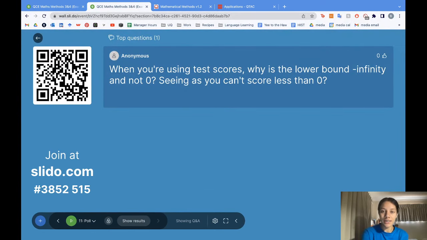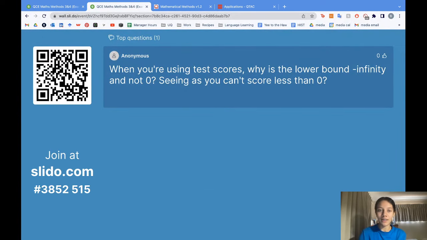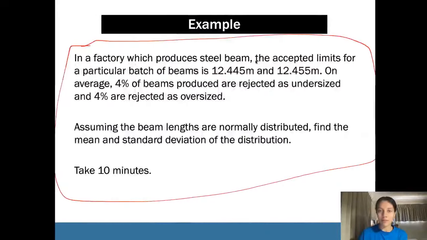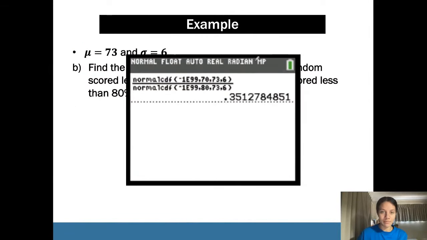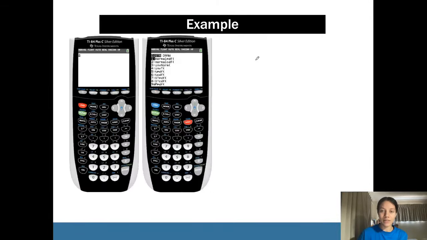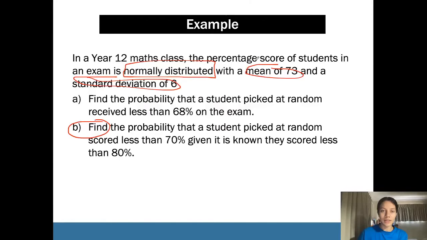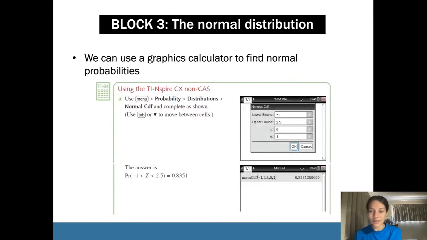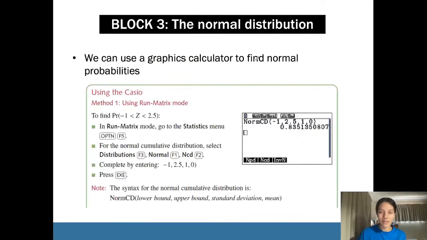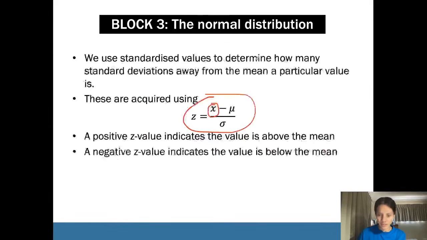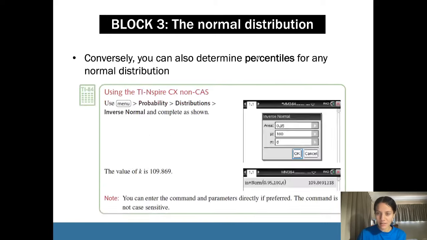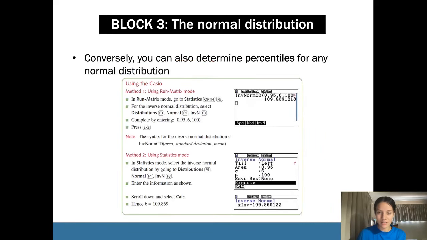So when you're using test scores, why is the lower bound negative infinity and not 0, seeing as you can't score less than 0? So for the test scores, I'm guessing you mean test scores. Sorry, I apologize, I don't know exactly which part you're speaking about. Was it when I said negative infinity when substituting it into here?